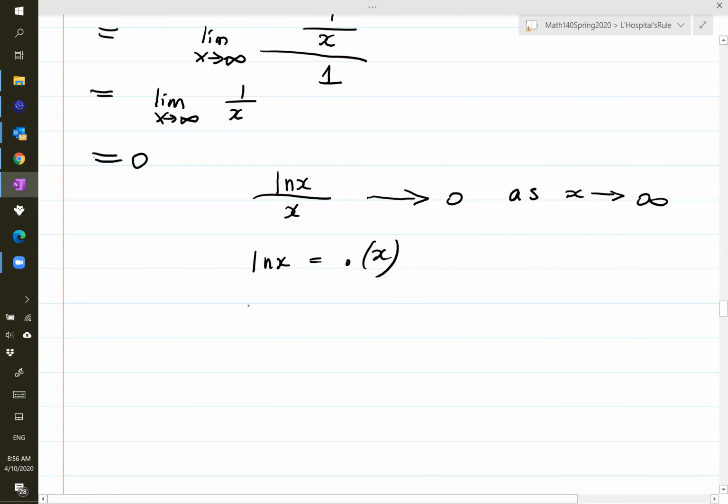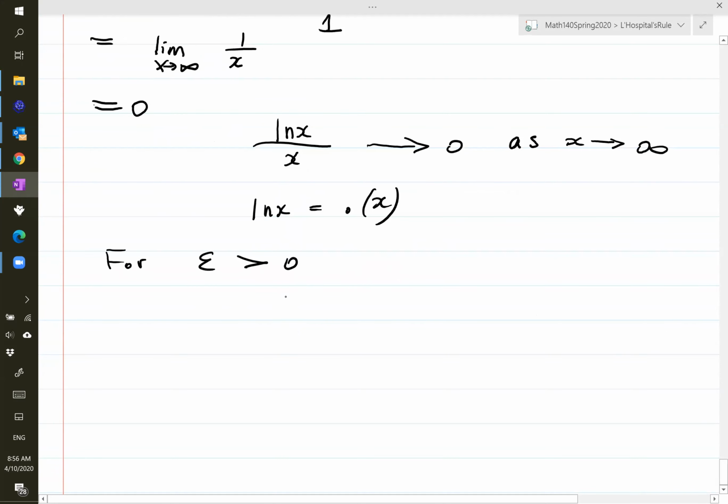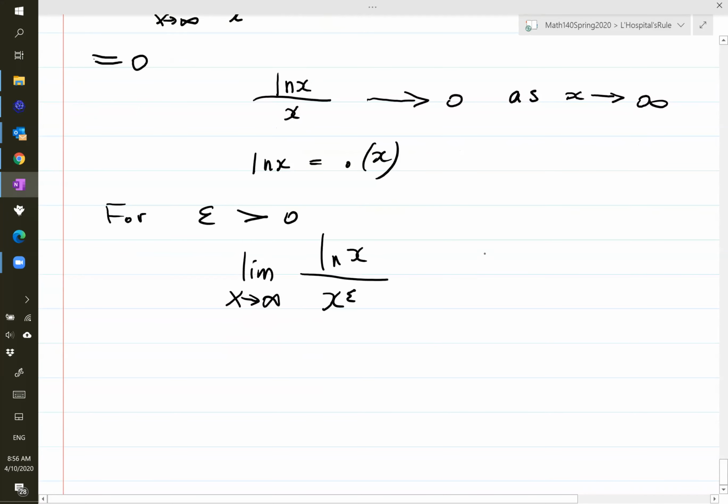So for any positive epsilon, any small number, small power, you can do better. Take the limit of log x over x to the epsilon as x approaches infinity. This is again infinity over infinity, since any positive power of x approaches infinity.